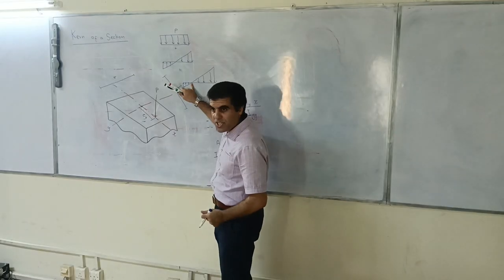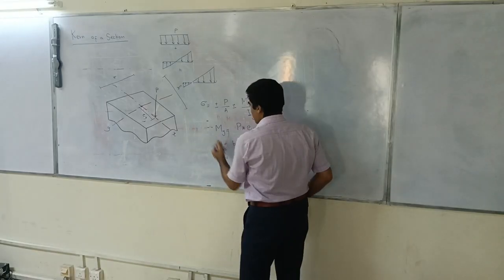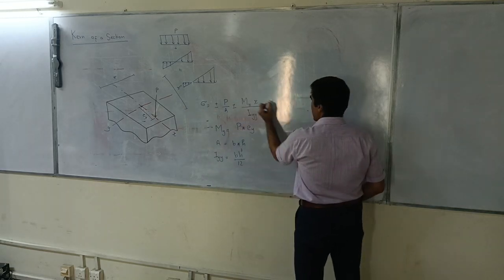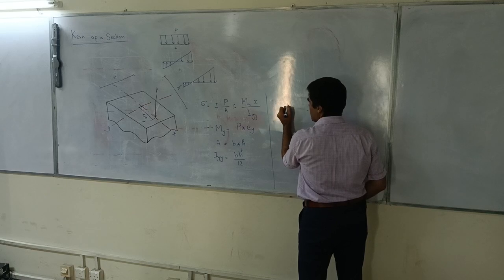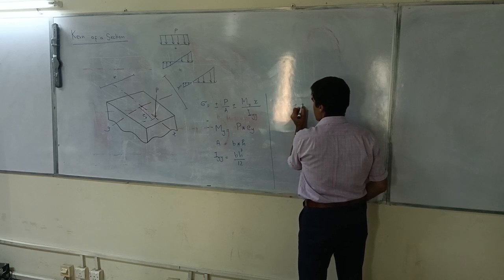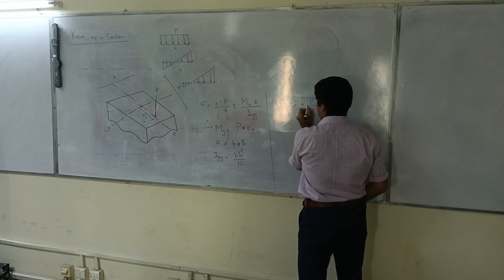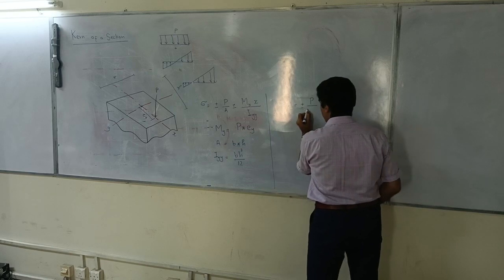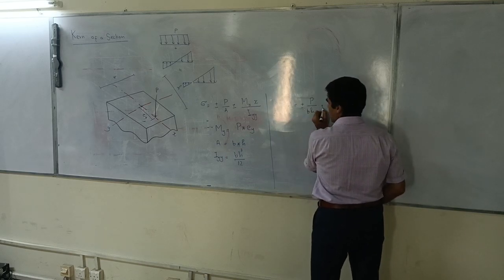I will have the neutral axis shifting because of this additionally applied load. I want to find out whereabouts this neutral axis is. So what can I do? As I told you yesterday, make stress equal to 0. So 0 is equal to plus minus P by A, which is B times H, plus minus the moment term.